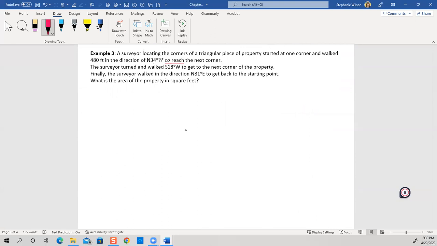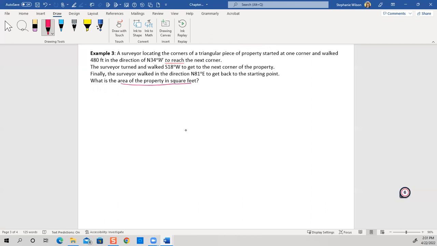The surveyor turned and walked south 18 degrees west to get to the next corner of the property. Finally, the surveyor walked in the direction of north 81 degrees east to get back to the starting point. He wants to know what is the area of the property in square feet. So I would encourage you to draw the picture to help you.